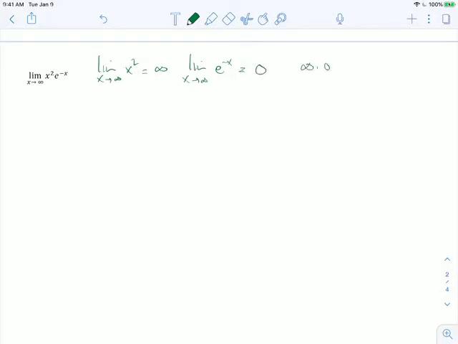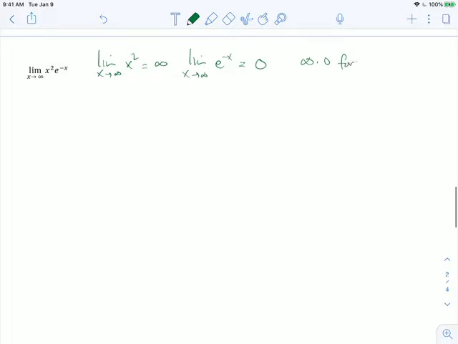So this is an infinity times 0 form. And the way we're going to handle this is to think about e to the minus x as 1 over e to the x. So the limit as x goes to infinity of x squared e to the minus x is the same thing as the limit as x goes to infinity of x squared over e to the x.